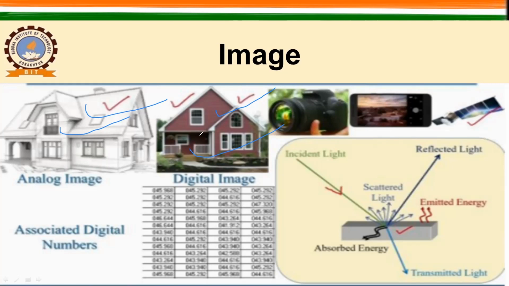So here this is one example of a space-borne satellite, where it has various sensors, and those sensors are sensitive in different wavelength regions, and then they generate images, and those images are basically numbers. Here you can see those images are basically numbers, right?